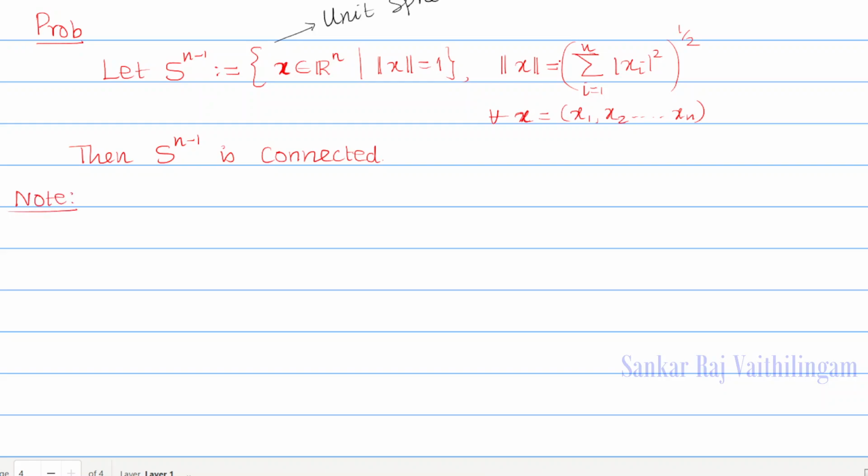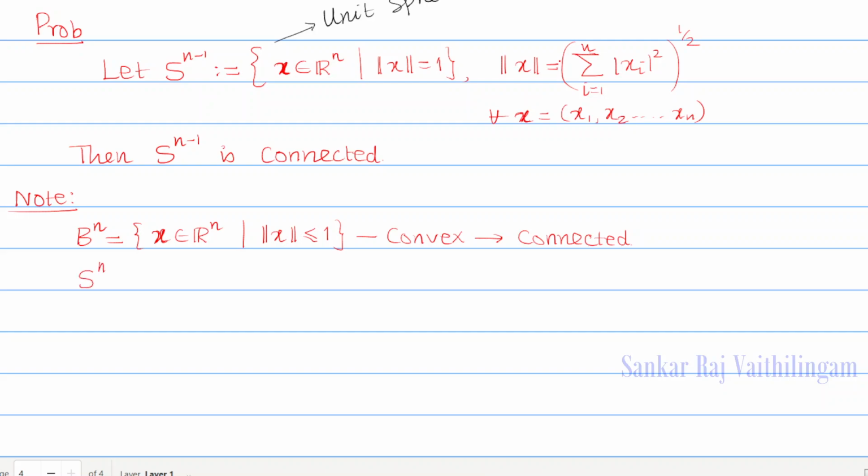Note that the closed unit ball B^n, the set of all x in R^n such that the norm of x is less than or equal to 1, is convex and hence connected. But in this case S^(n-1) is not convex.